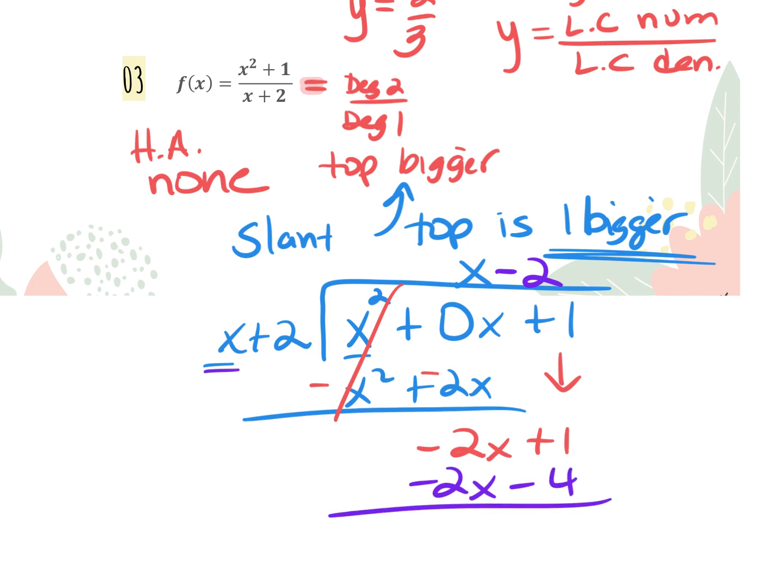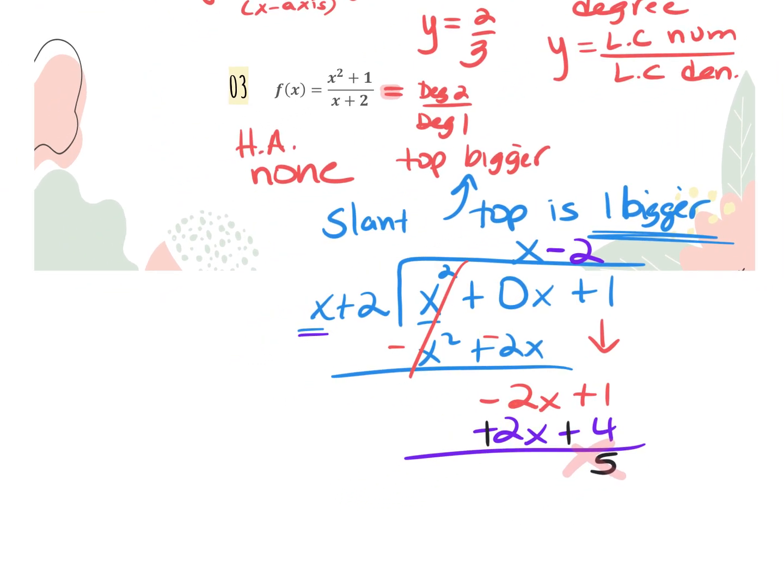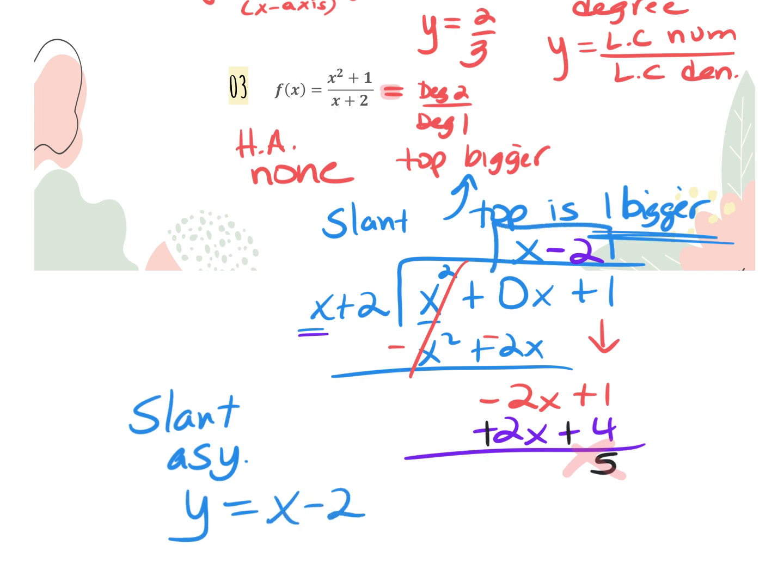Change the signs to opposite. Add the column. Now, I don't do anything with the remainder, so I don't need that. So the equation for my slant asymptote is y equals just the quotient, what's on top of the division box. And it's an equation, so you put y equals x minus 2.